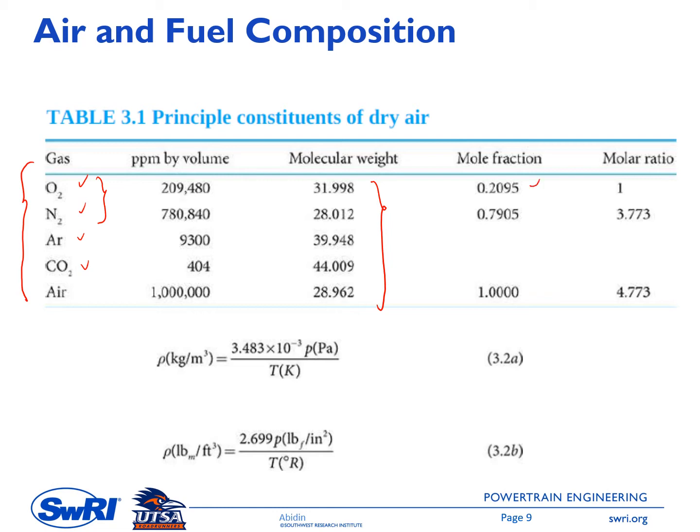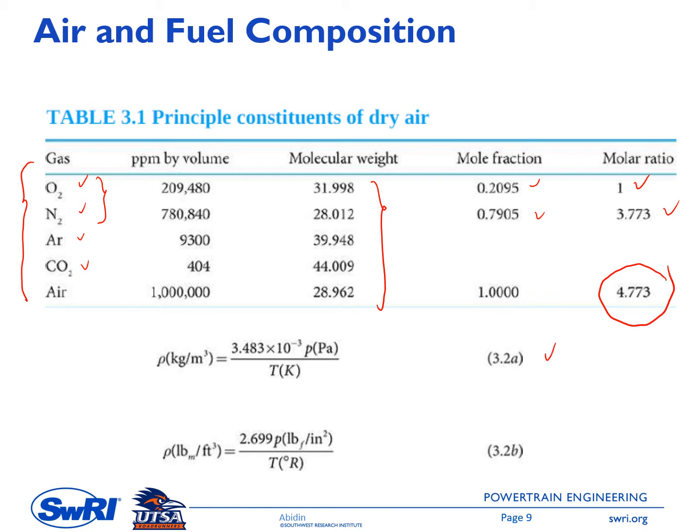And then this is the composition in mole fraction. We have 21% mole of oxygen and 79% mole of nitrogen. It means that 1 mole of oxygen is accompanied by 3.773 mole of nitrogen, so we have a total of 4.773 moles.